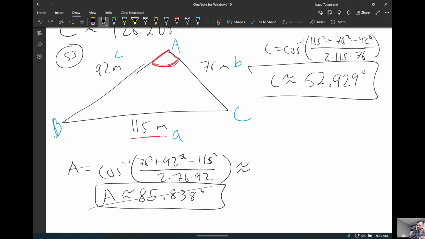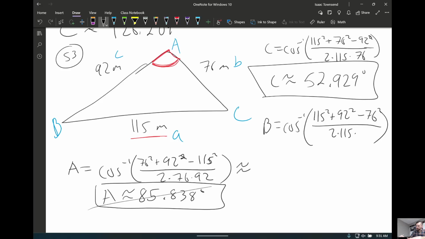So it looks like we got about 53 degrees for angle C. And for angle B, it would be inverse cosine of a squared plus c squared minus b squared over 2ac.